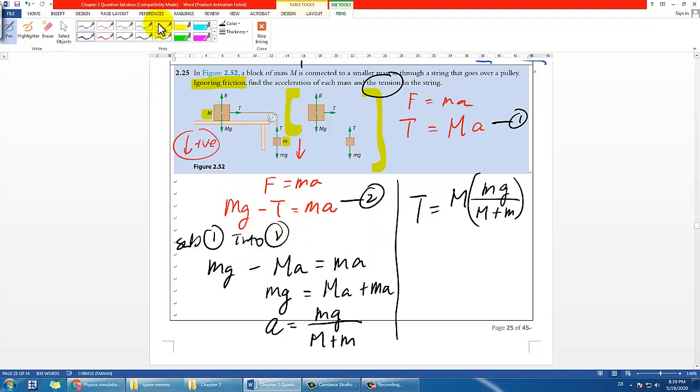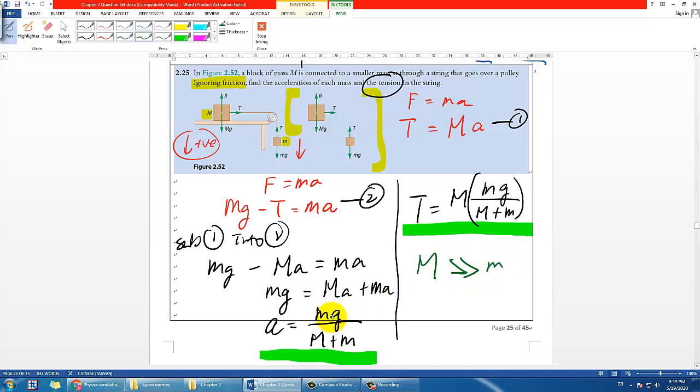However, out of the answer of this one and this one, we can see a little bit more as a physicist. And that is, what if we have the value of big M much bigger than the small m?